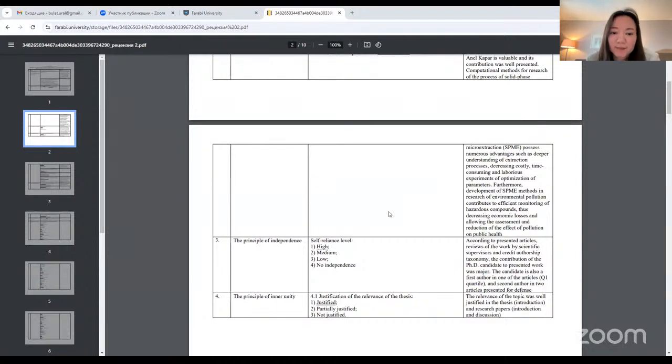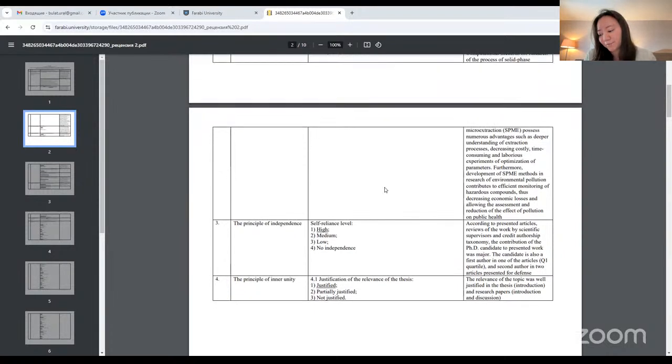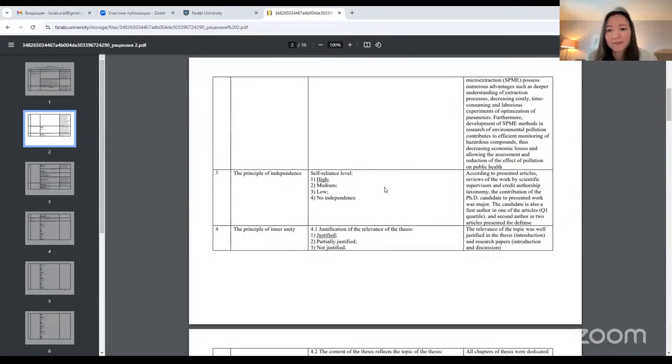The study also clearly demonstrates that Anel is a well-prepared young researcher, ready to start her scientific career. Since such research requires a strong theoretical foundation, it reflects her solid educational background.